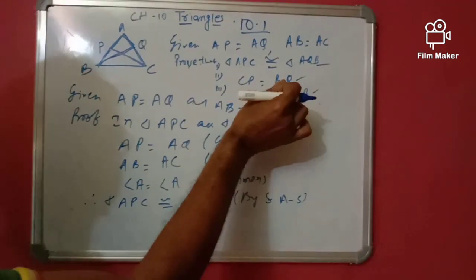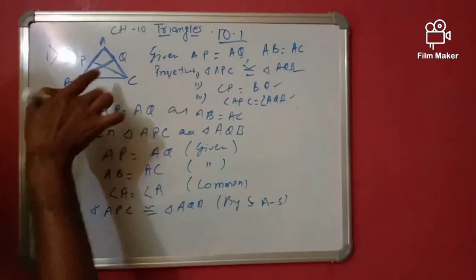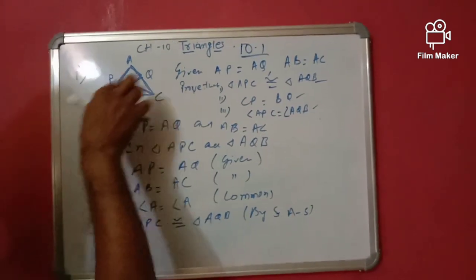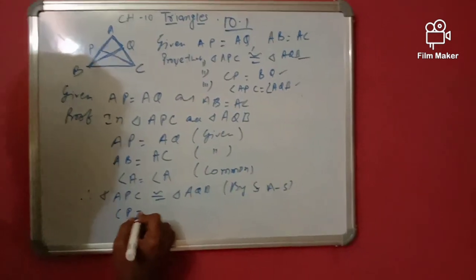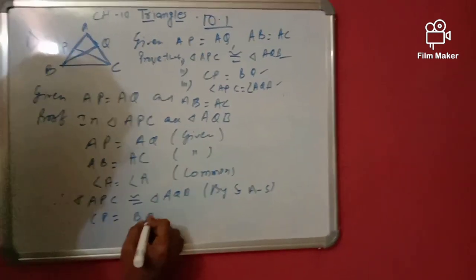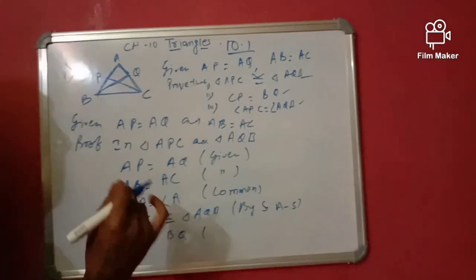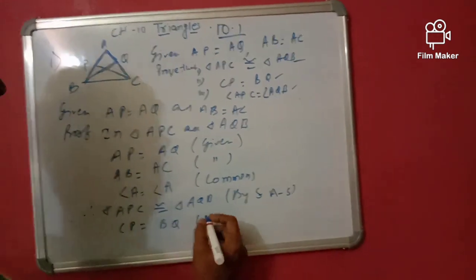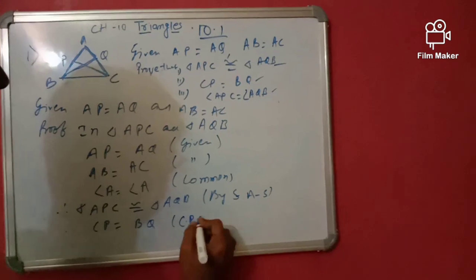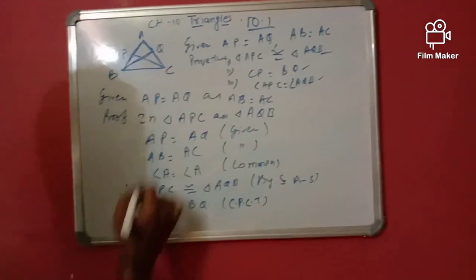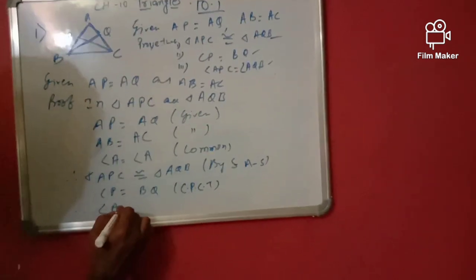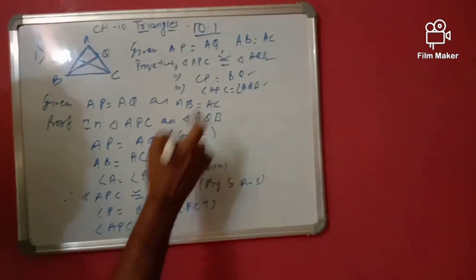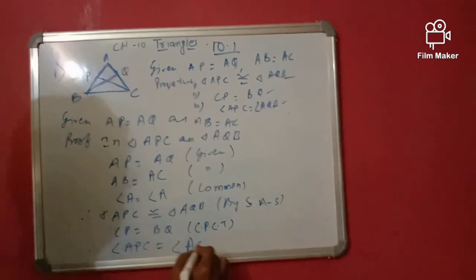Therefore CP, see the figure, compare the figure, CP equal to BQ by CPCT. Now third, angle APC equal to angle AQB.